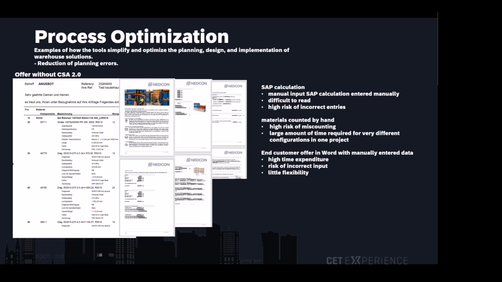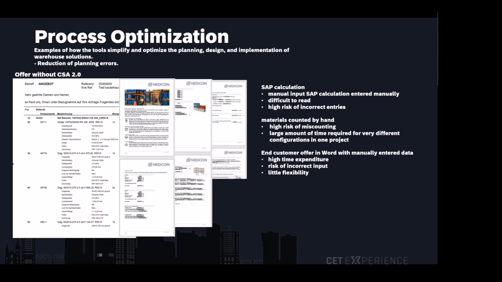The same is true for counting the materials. If you count all the materials by hand, the risk of a miscount is high. And for the offer in the end, we had to do it in Word, and this needs a lot of time. The risk of incorrect input is the same big problem, and the flexibility was not so good.